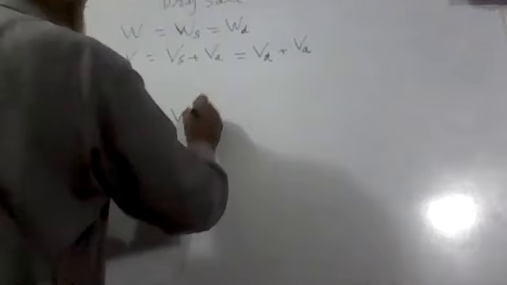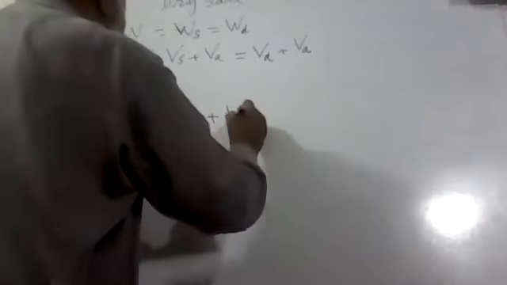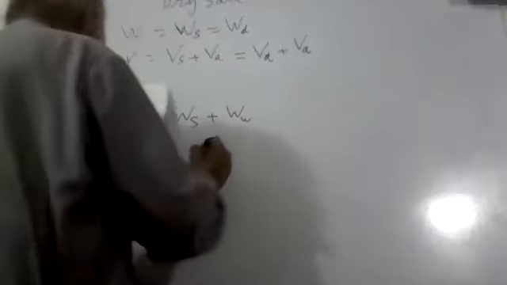For such a soil, W will be equal to Ws plus Ww. V will be equal to Vs plus Vw, that is equal to Vd plus Vw.